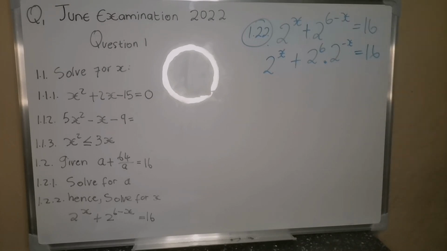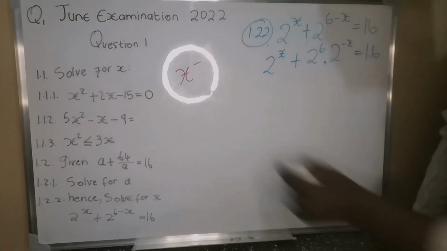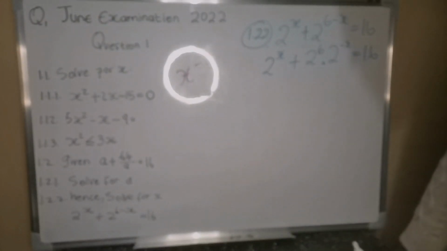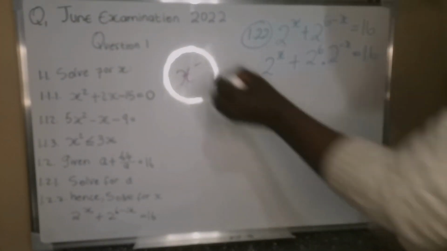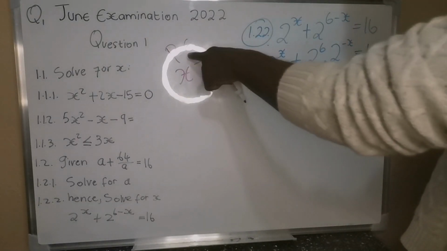Now, you know that, for example, if I have x to the power -1, then in calculus, you need to simplify it. What is the value of this? How will you change this to a positive exponent, PE? PE means positive exponent.